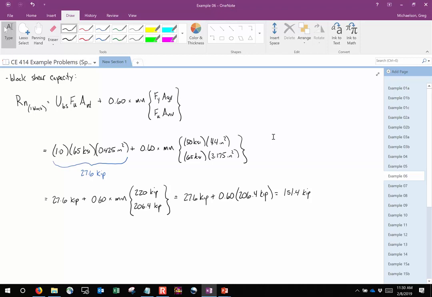No. So next we have to compute the block shear capacity of the whole thing. What do we multiply that by? Because there are 4 blocks, so 4 times that. What does that come out to be? 151.4 times 4 is 605.8.